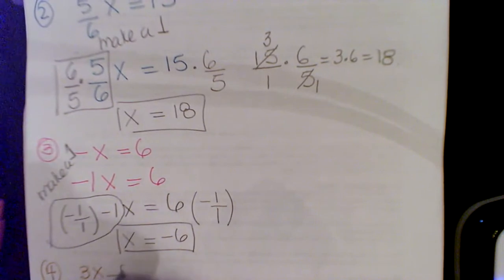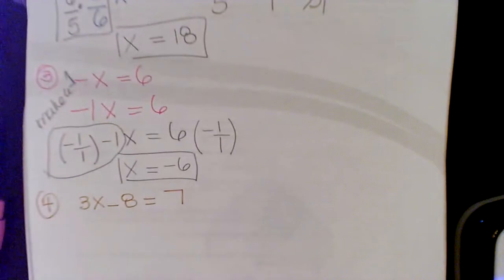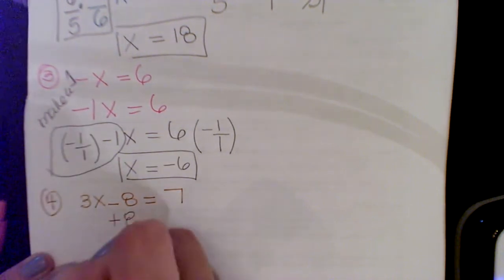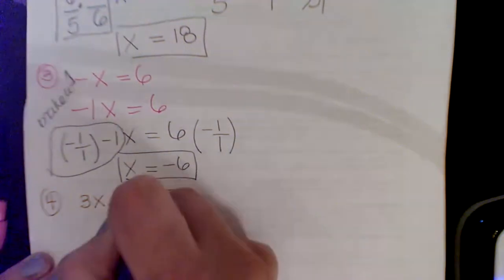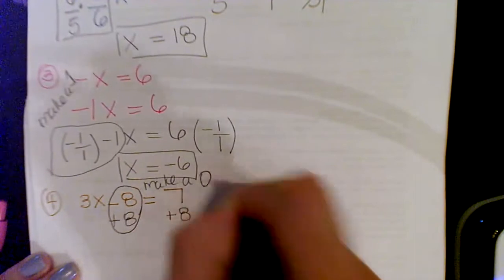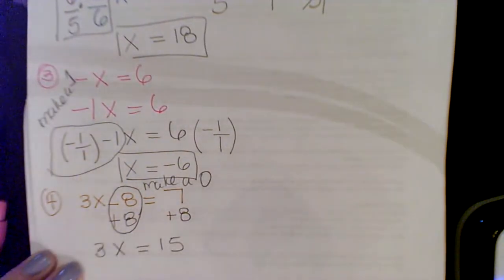Now, 3x minus 8 equals 7. I need to do addition and multiplication. So I need to make a 0 and make a 1. Doesn't matter the order again. So let me make the 0 first. Right here, you're making a 0. So it's 3x equals 15, right?